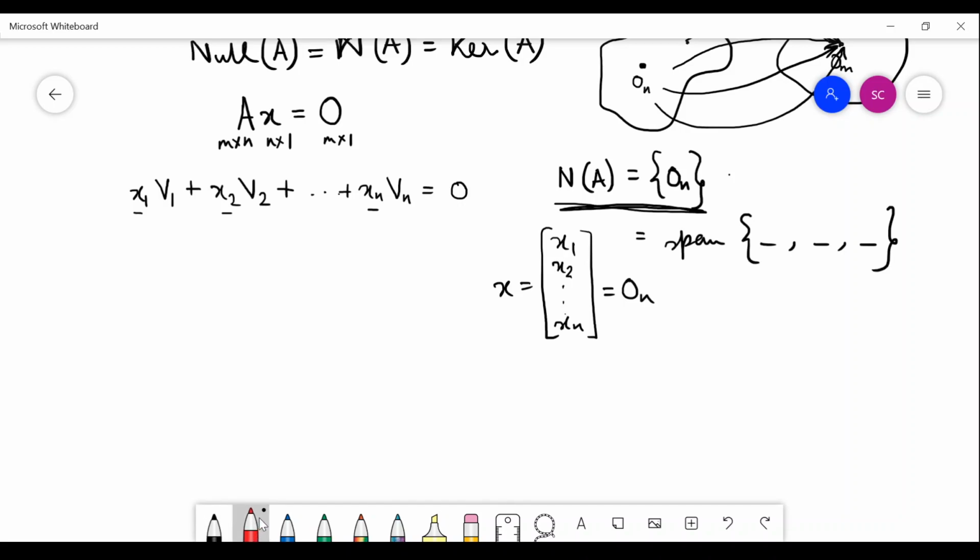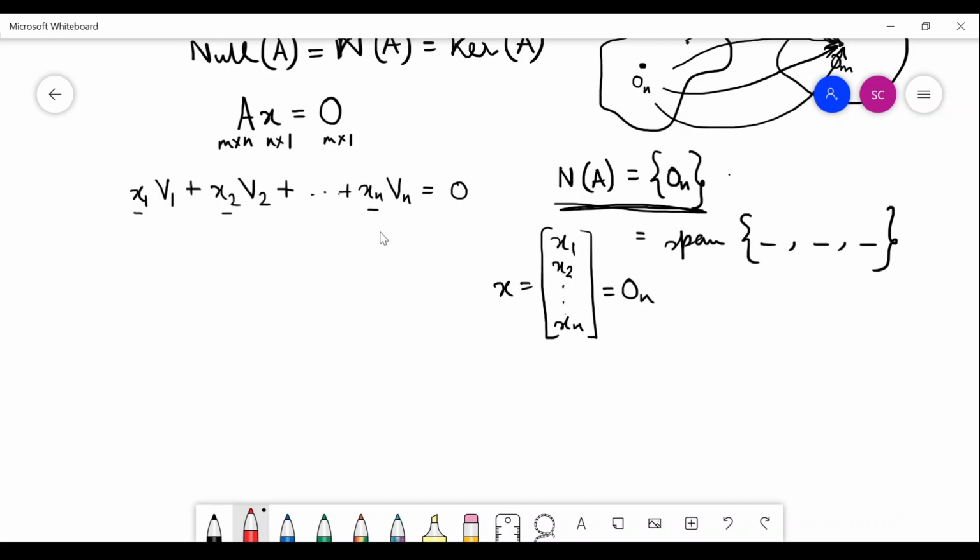However, if during the column operation with the column vectors v1 to vn, at the end of the column operation we find that there are some non-zero x1 to xn that give us a 0 column, one of the columns has become 0.